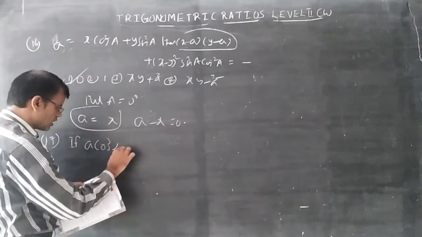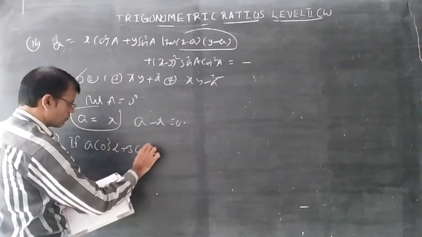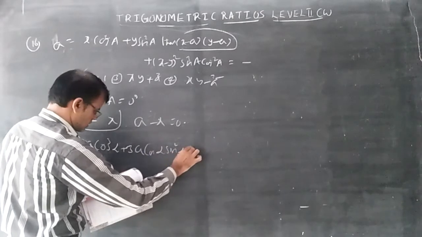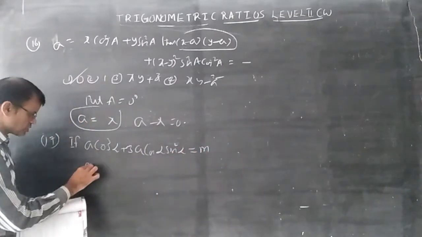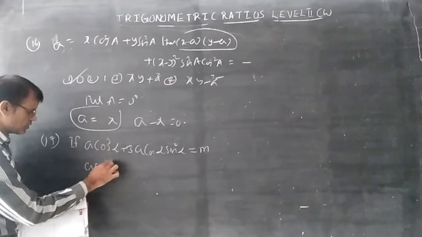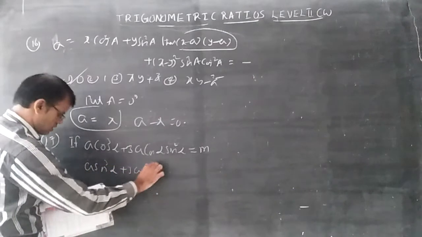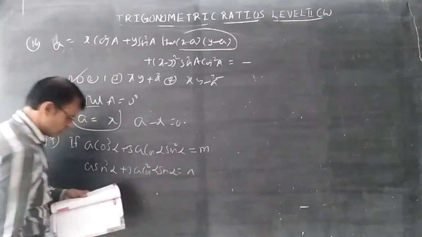Write the question. If a cos cube alpha plus 3a sin square alpha cos alpha, this is 3a cos alpha sin square alpha, is equal to m. And next, a sin cube alpha plus 3a cos square alpha into sin alpha is equal to n.